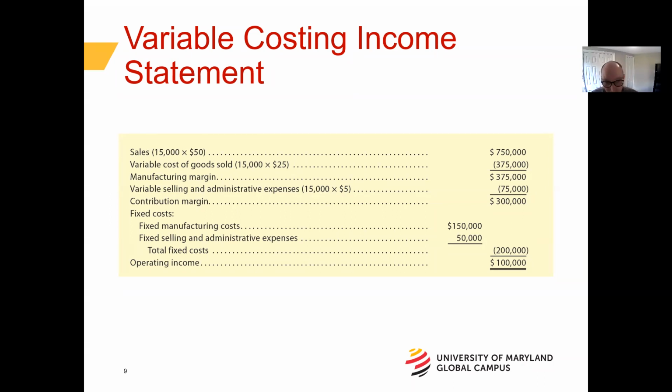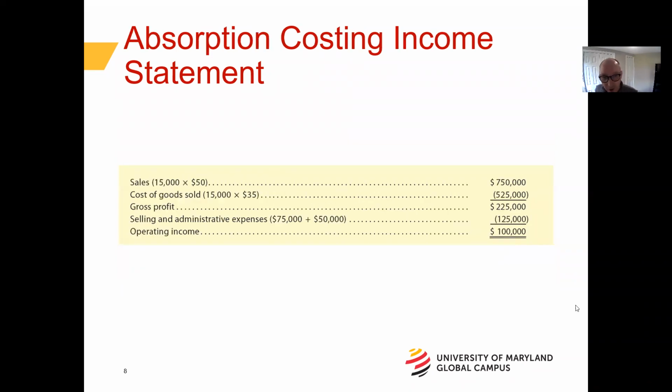So we take your contribution margin minus your fixed cost, and as I mentioned, the fixed cost under variable costing is expensed out. So 300,000 minus 200,000 in total fixed cost equals your 100,000 operating income. That's an interesting comparison, isn't it?